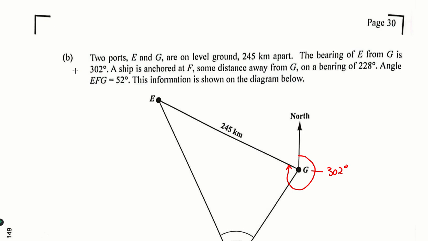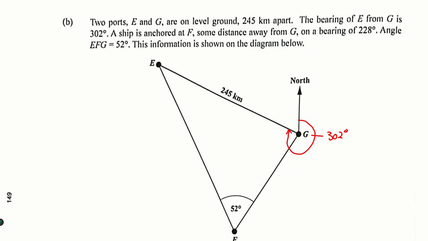A ship is anchored at F, some distance away from G, on a bearing of, so from G to F, is equal to 228. Angle EFG, that's this angle here, is 52. This information is shown in the diagram below.